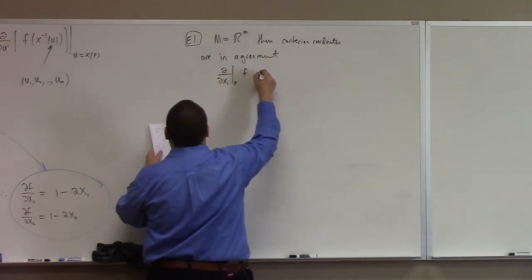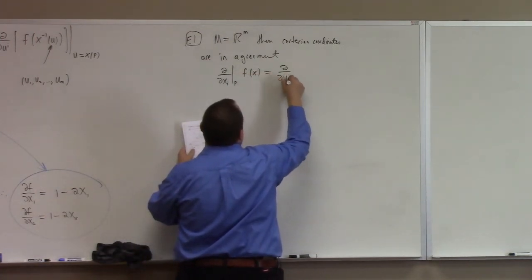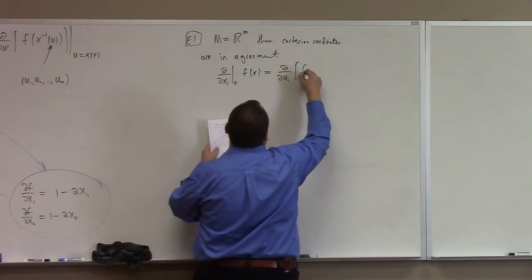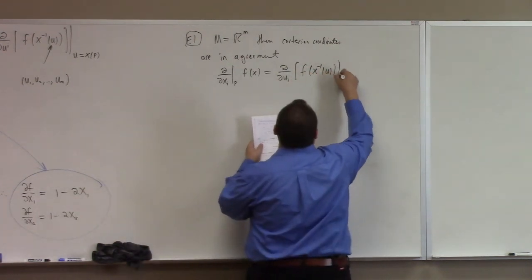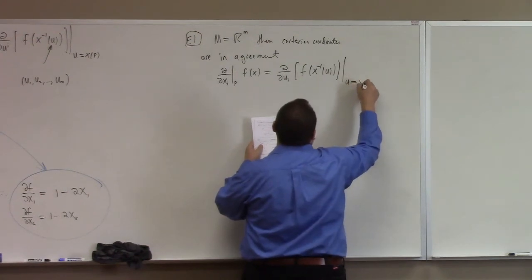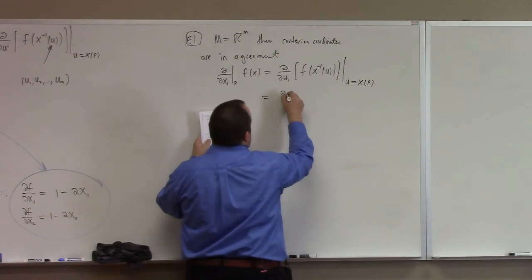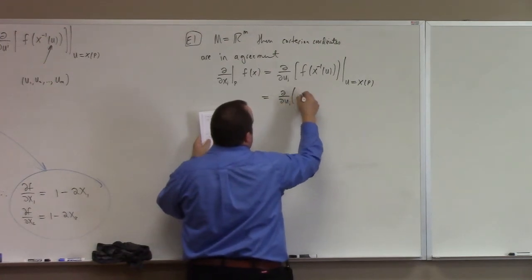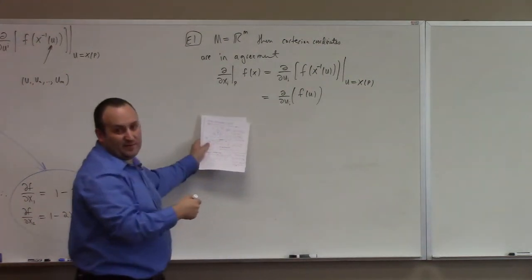Partial xi of f at p is going to be partial ui of f composed with chi inverse at u equals chi of p. But that's actually partial ui of f of u, because the Cartesian coordinate system is the identity map.